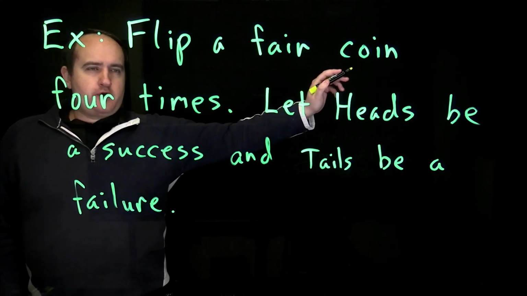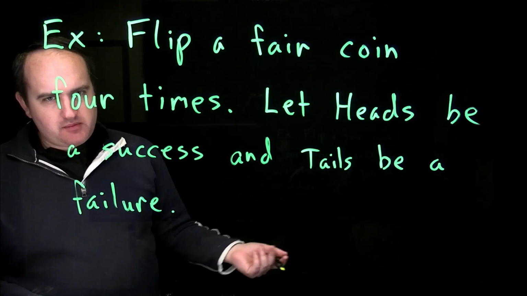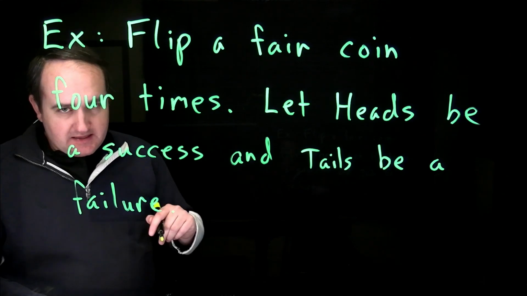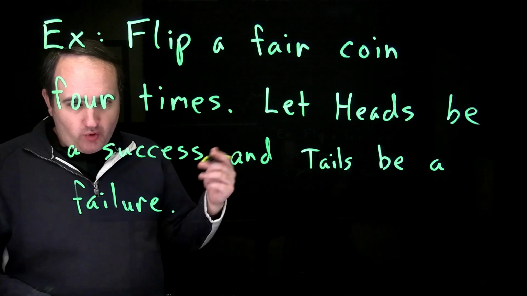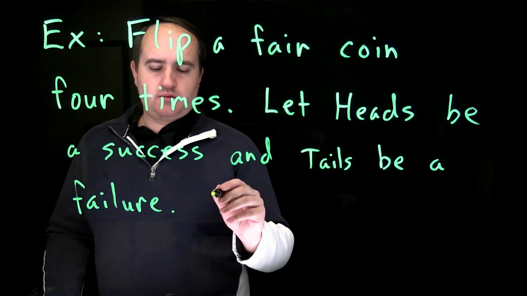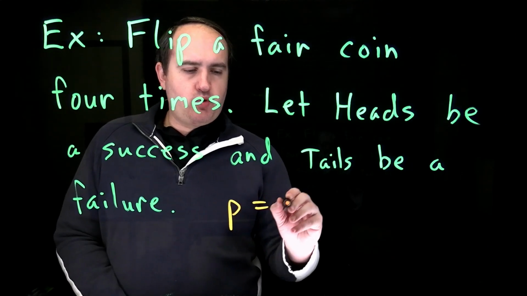Because it's a fair coin, that would mean that the probability of a success, or P, is equal to 1/2 or 0.5. Okay, so we can see here that P would be 0.5.